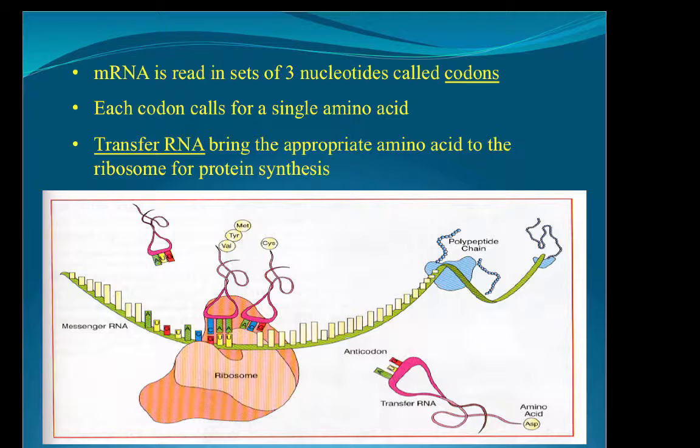And then transfer RNA components are going to bring in the appropriate amino acid to the ribosome for protein synthesis. And we're going to look at both transcription and translation very in depth in chapters 13 and 15.